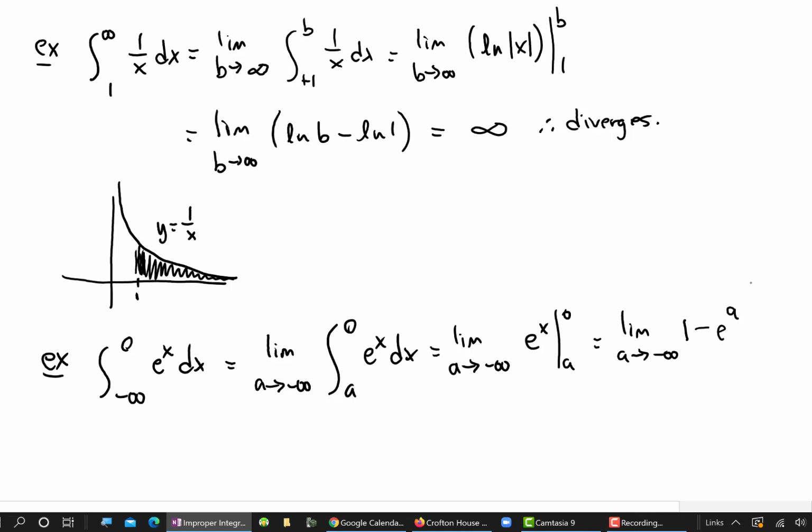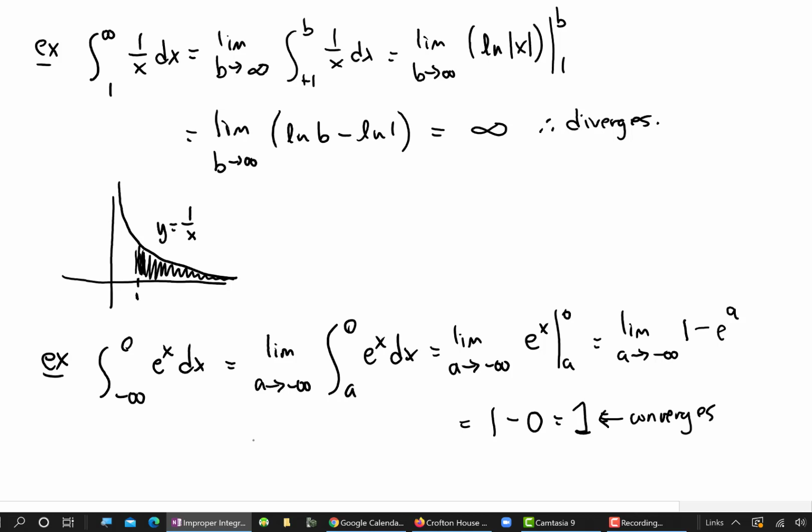In this case, I apply the limit to each piece. The limit of the first piece is 1, and as this a value gets closer and closer to negative infinity, e to the negative infinity is the same as 1 over e to the infinity, so this gets closer and closer to 0, and this one actually converges to the value of 1.